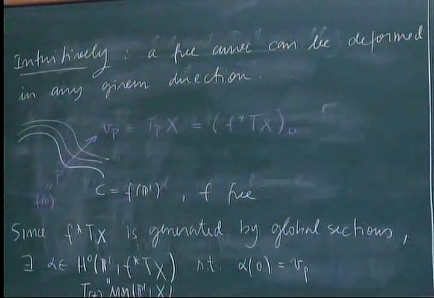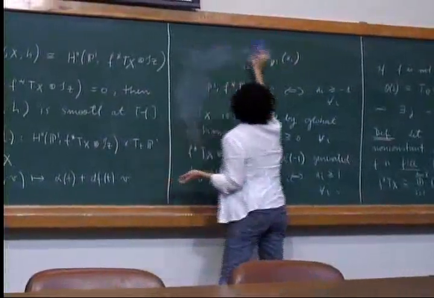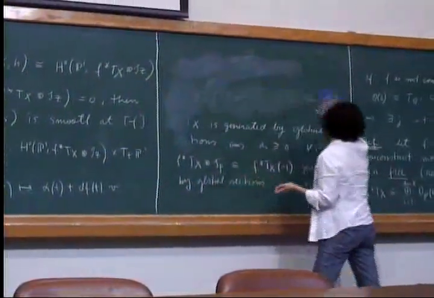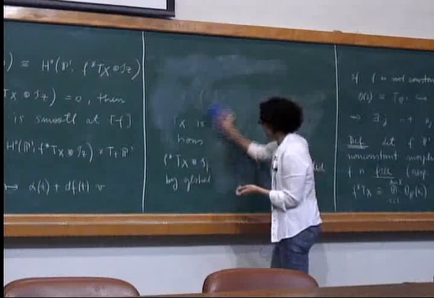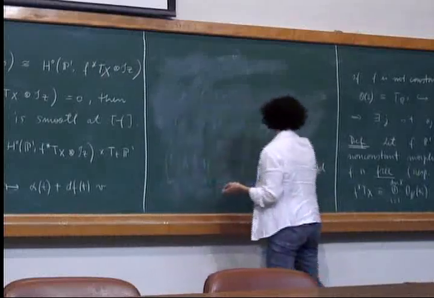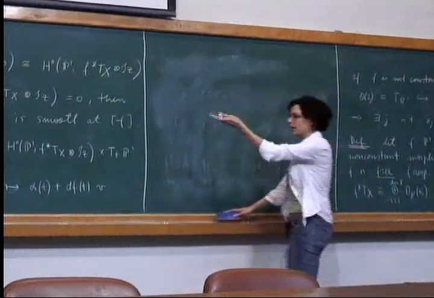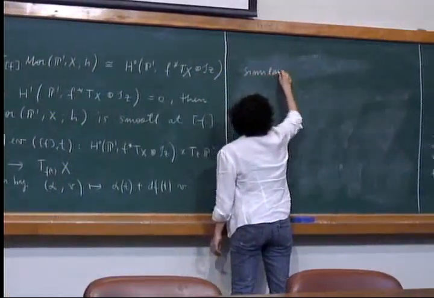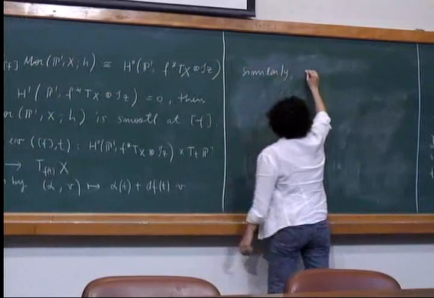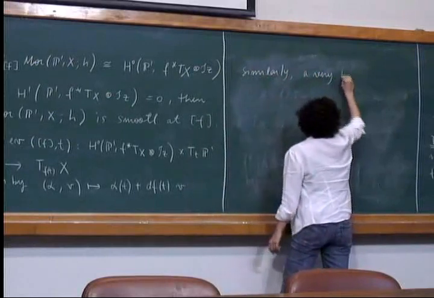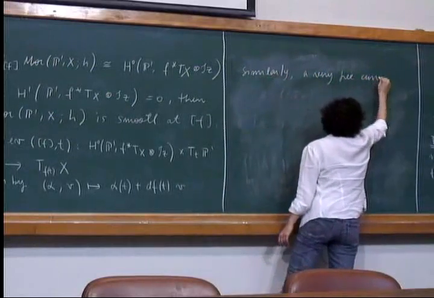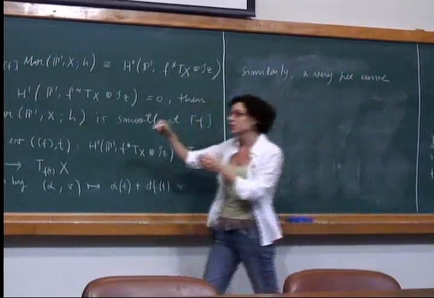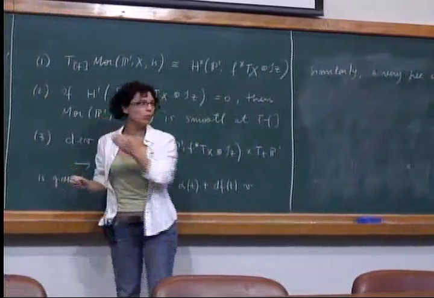That's why we call them free curves. Similarly, if you play the same argument, you see that a very free curve can be moved in any direction while you keep one given point fixed.